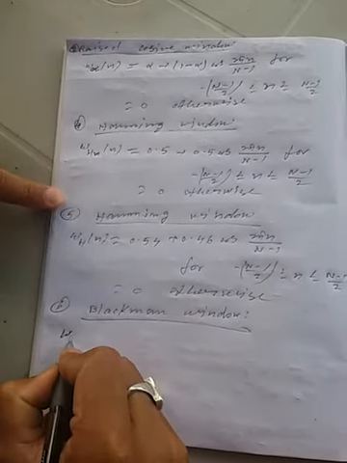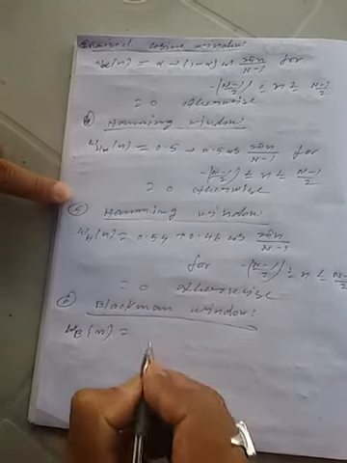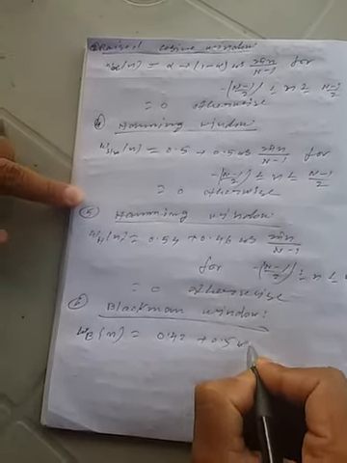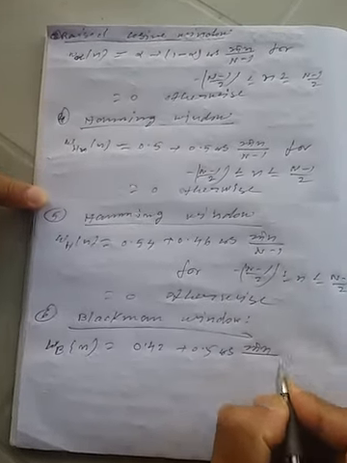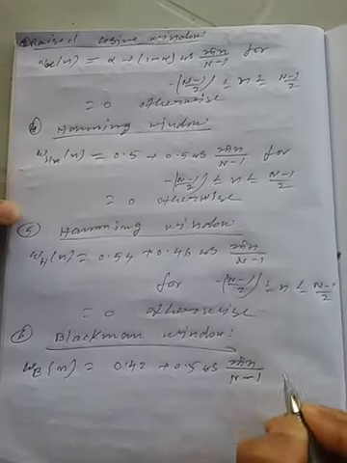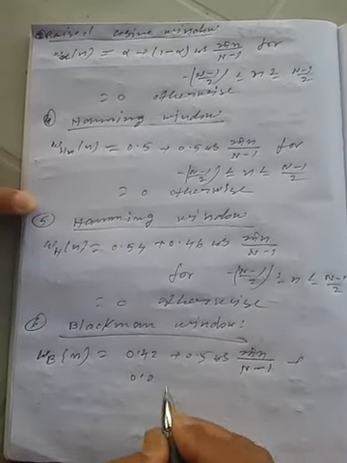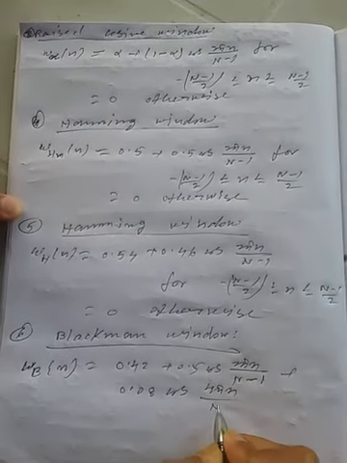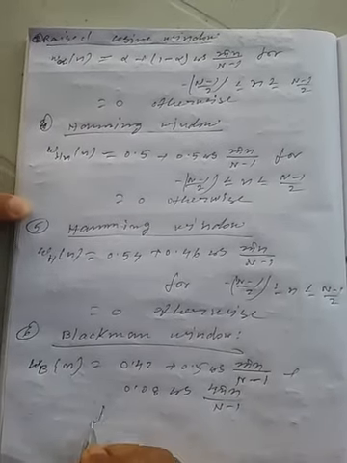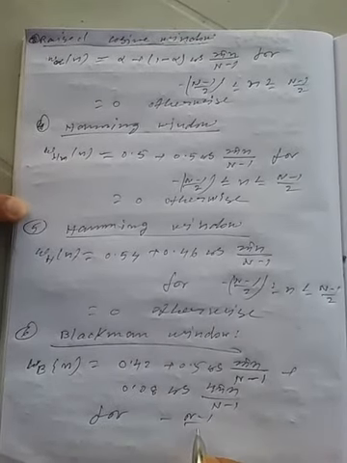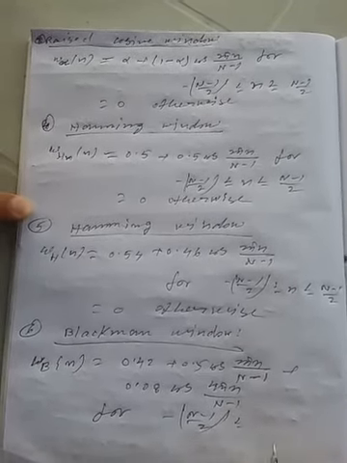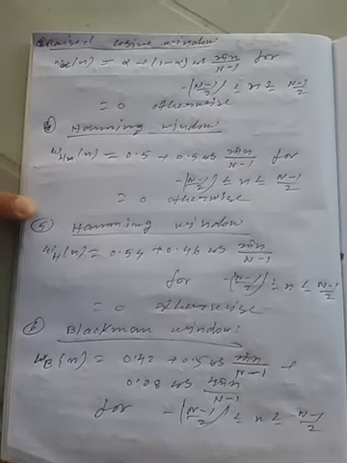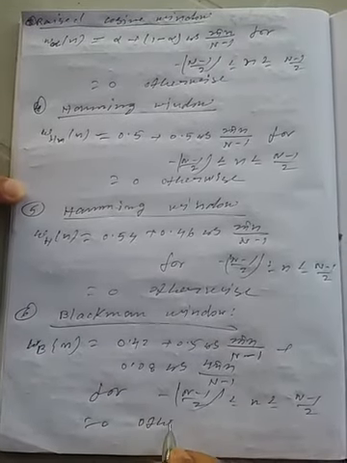That is omega capital B of n equal to 0.42 plus 0.5 cos 2 pi n by N minus 1 plus 0.08 cos 4 pi n by capital N minus 1 for minus (N minus 1) by 2 less than or equal to n less than or equal to (N minus 1) by 2, equal to 0 otherwise.